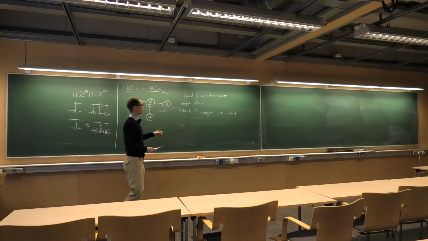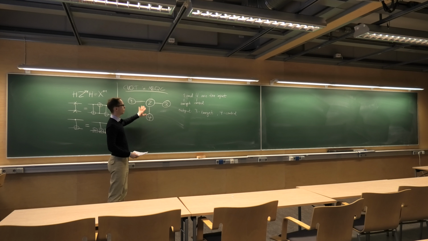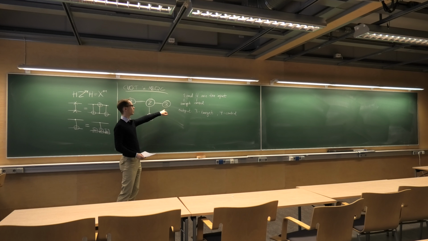So we want to do some operations on these qubits such that if 1 and 4 are the input states, then 3 and 4 will be the output states for a CNOT.